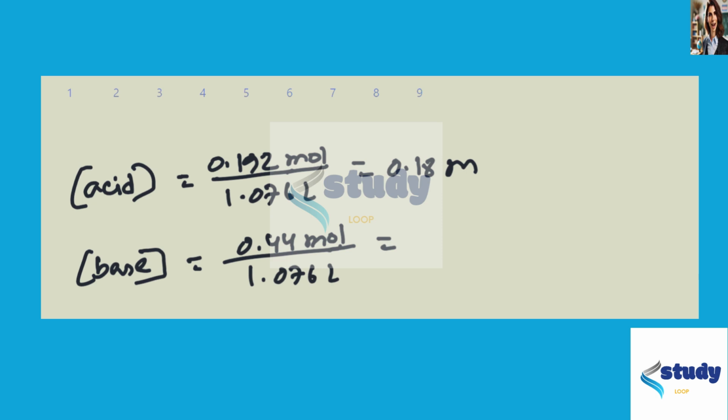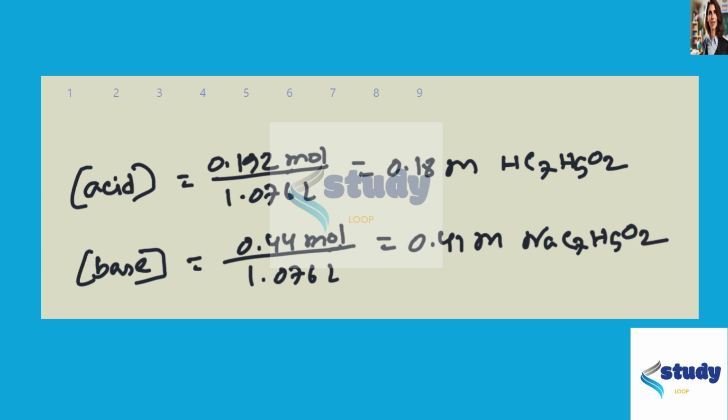This will give us the concentration of the base, which is 0.41 molar. So this is the concentration of the acid, HC7H5O2 or the benzoic acid, and this is for the base sodium benzoate, NaC7H5O2.